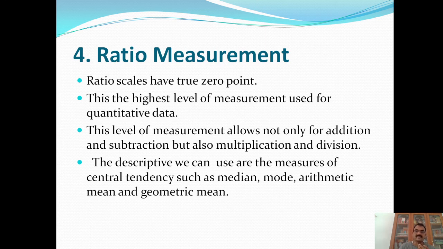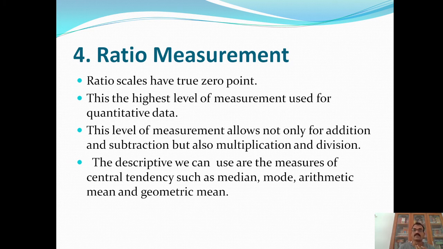Ratio measurement. Ratio scales have true 0 points. This is the highest level of measurement used for quantitative data. Among the measurement scales, the highest level of measurement used is ratio measurement.